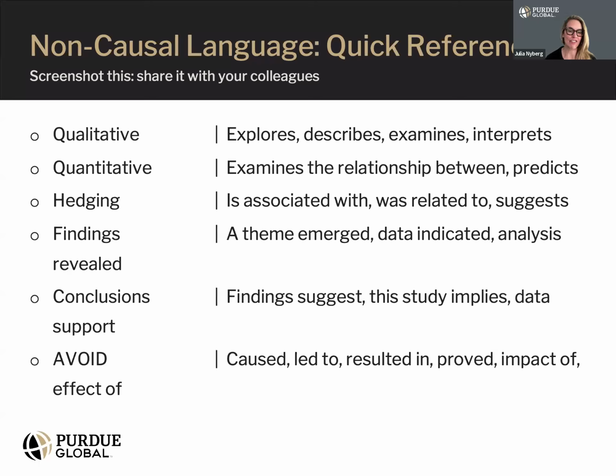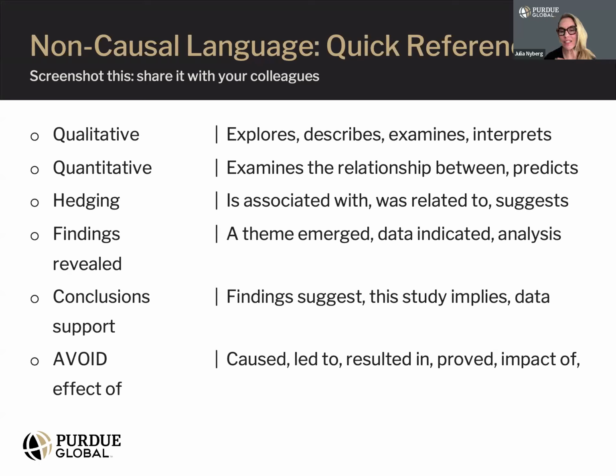Here is one of those quick reference cards that you can take a photo of, you can take a screenshot of. I encourage you to share this with your colleagues in the program. Keep it open every single time you write. Okay. This is the language that gives you the common patterns that occur in a non-causal study.